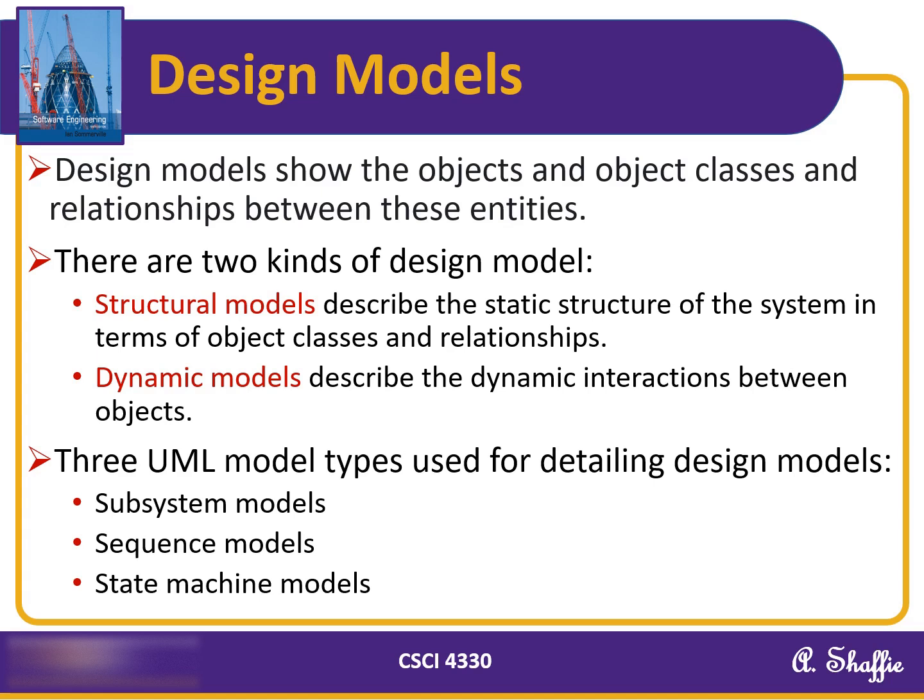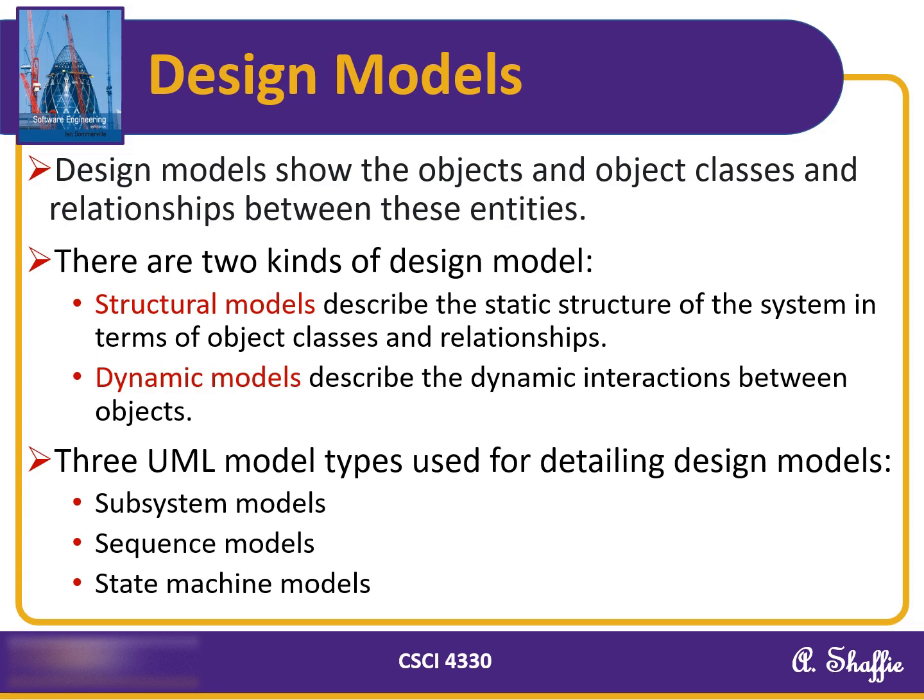Now let's move into the fourth activity in the object-oriented design process, which is design models. Design models are essential as they help us visualize the objects, classes, and the relationships between these entities within the system. This model provides a blueprint for understanding and refining the system's structure and behavior.